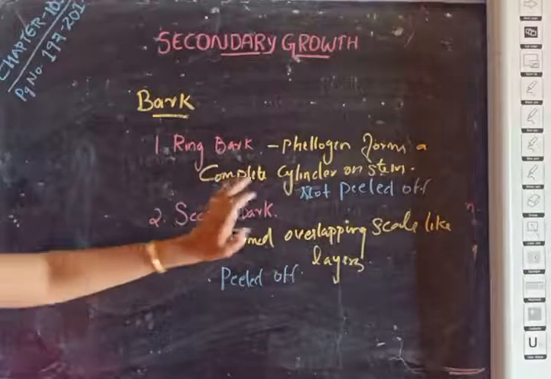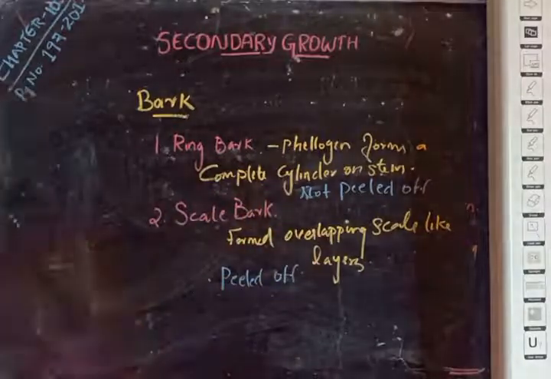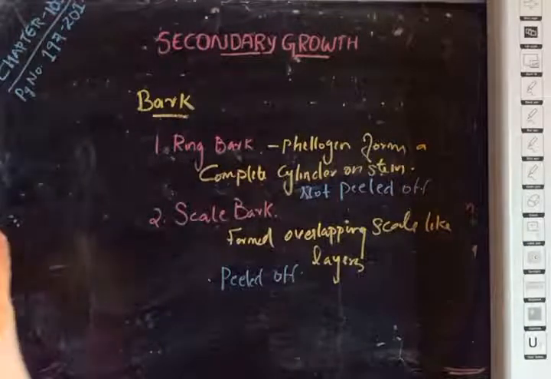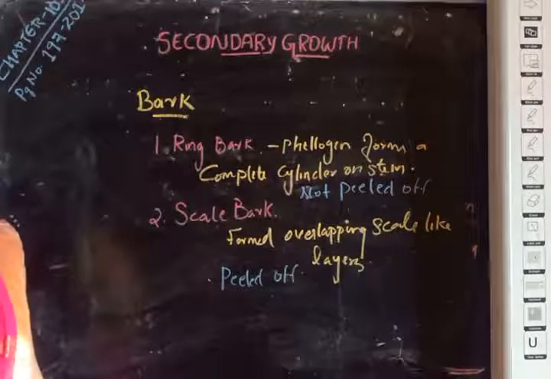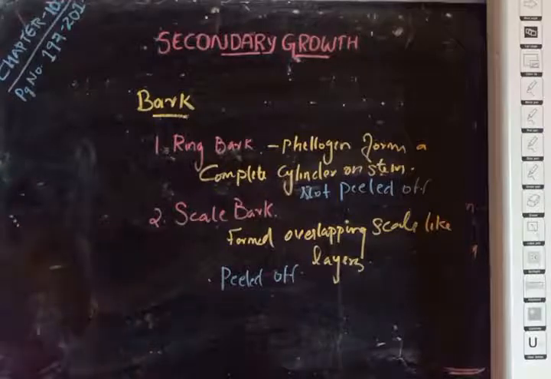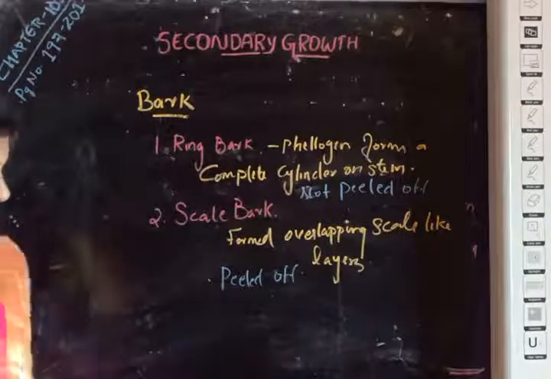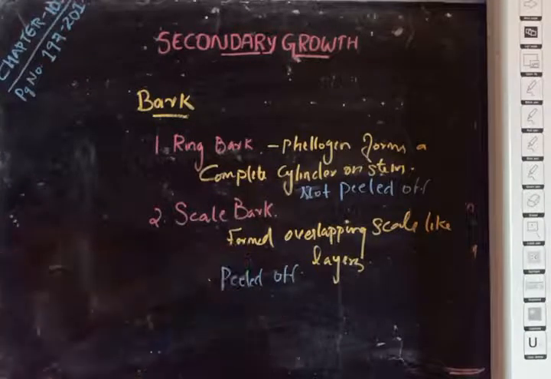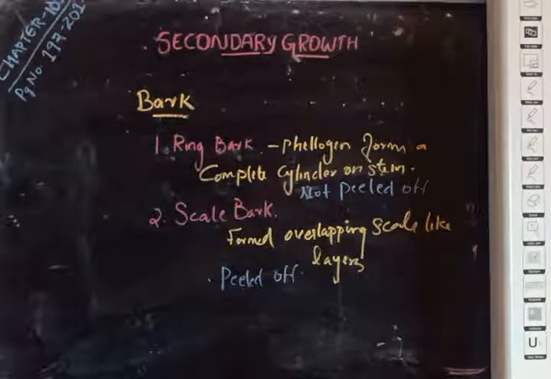Ring bark usually is not peeled off, whereas scale bark may be peeled off. So these are about bark.